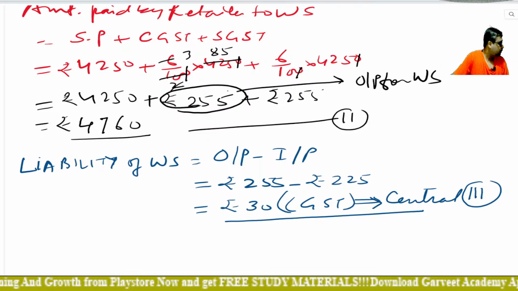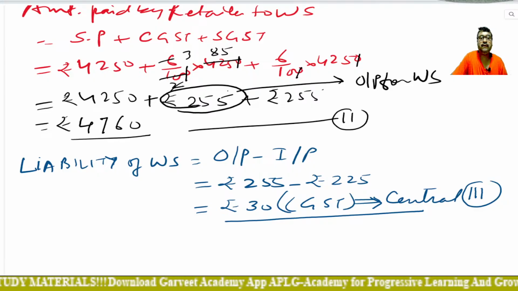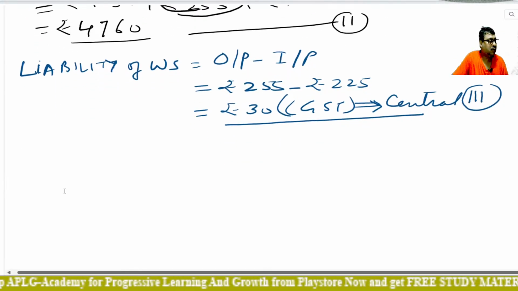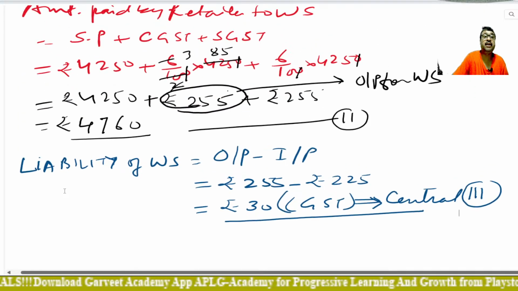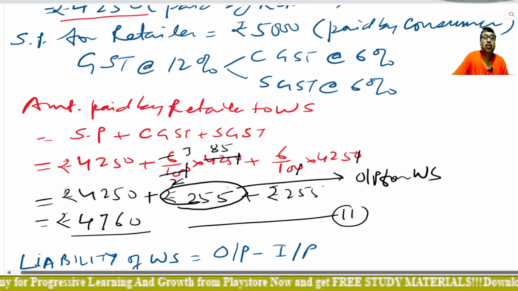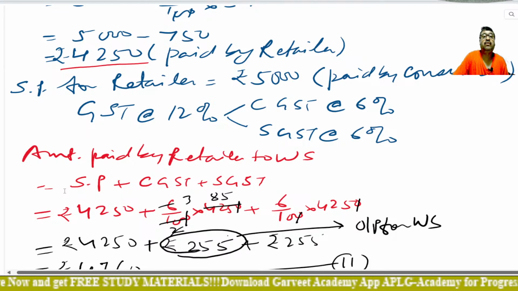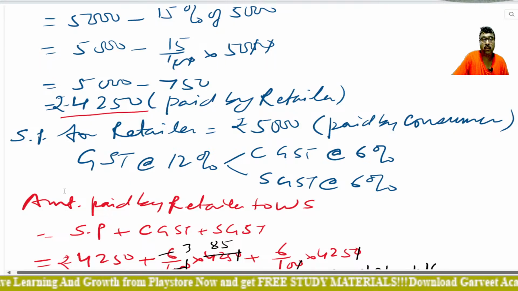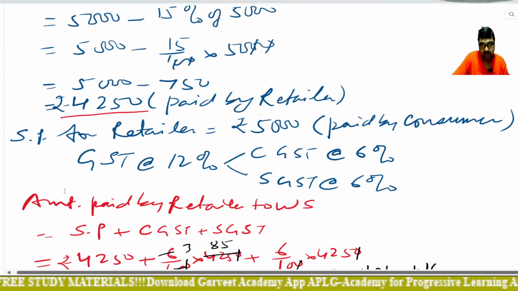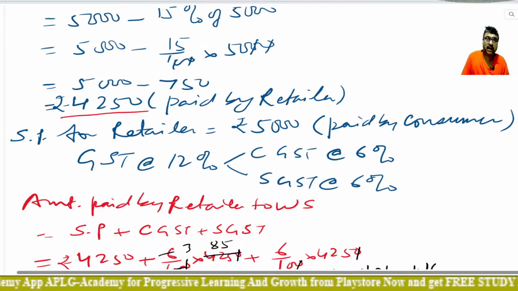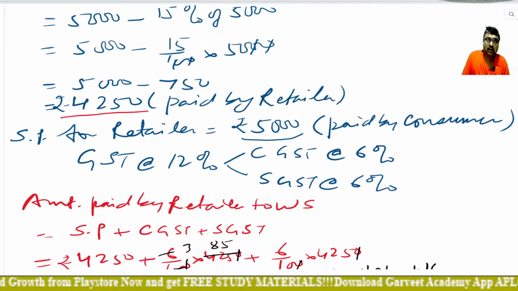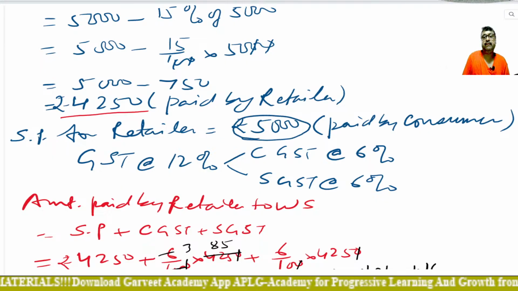And then next is number 4, the amount of tax which the retailer pays to the state government. Retailer sells the article to the consumer, right? At what price? 5,000.